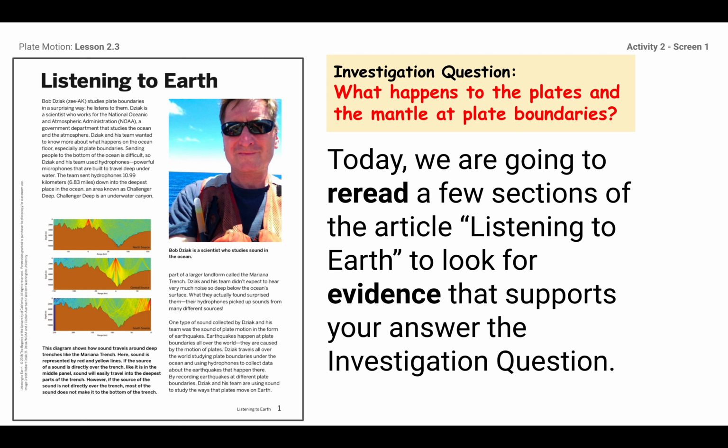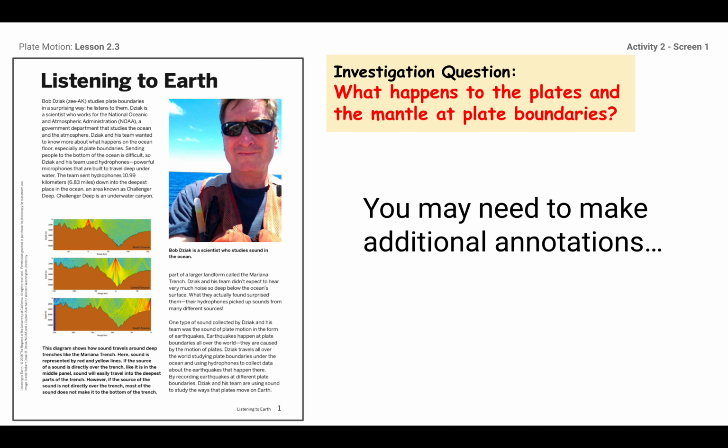Because we're rereading, I'm really going to highlight some aspects of the article, two paragraphs particularly. You may need to make additional annotations if you didn't have this written down already. When you turn in your revised annotations, I'm specifically going to be looking to see if you included this information.